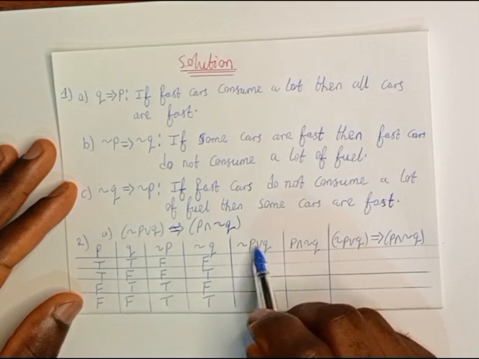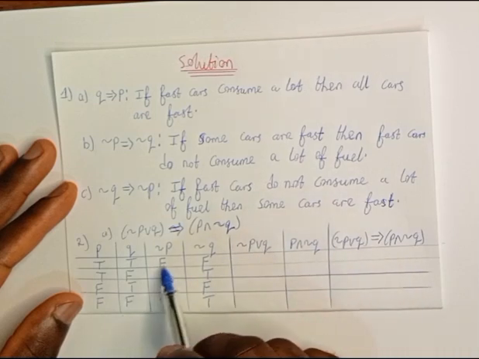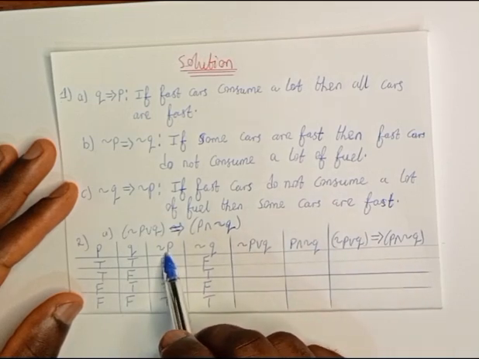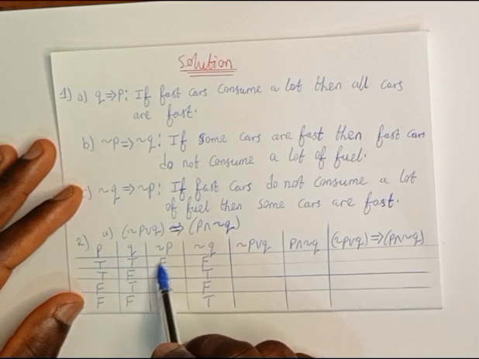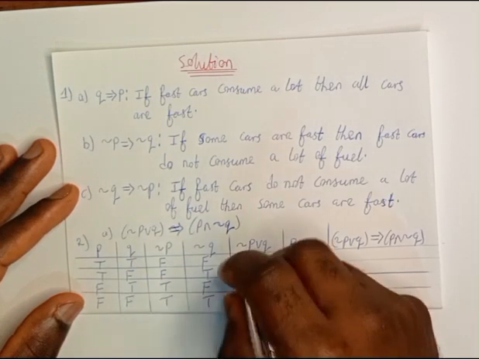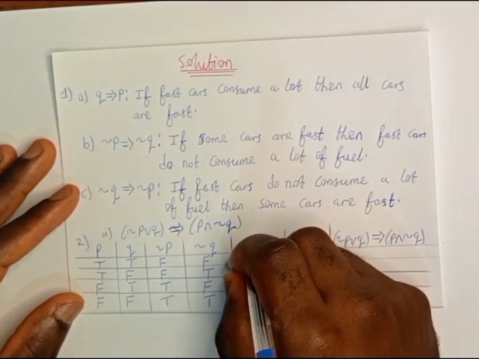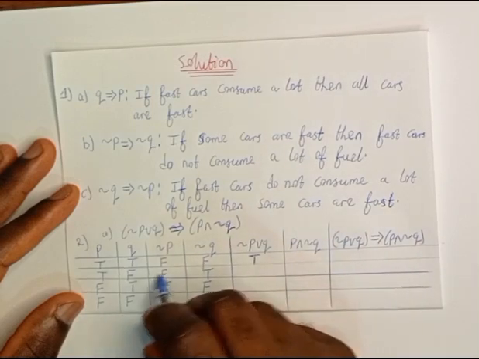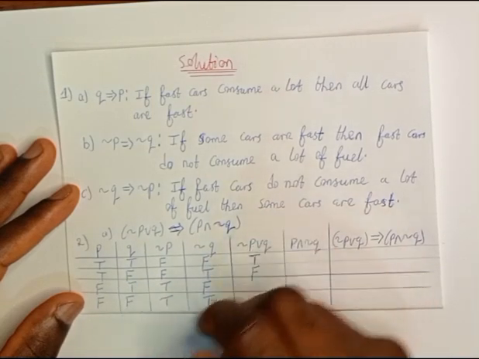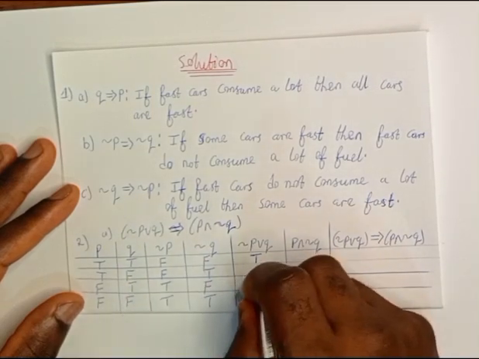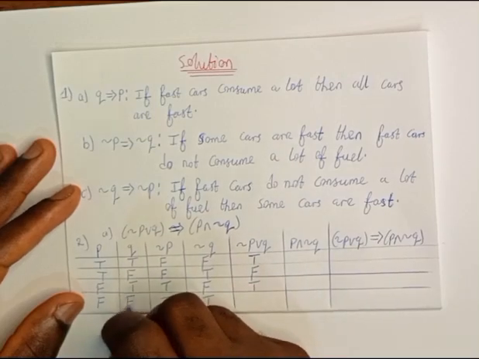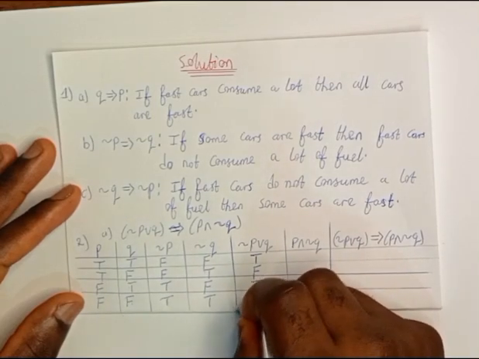Not P or Q: false or true gives us true. False or false gives false. True or true gives true. True or false gives true.